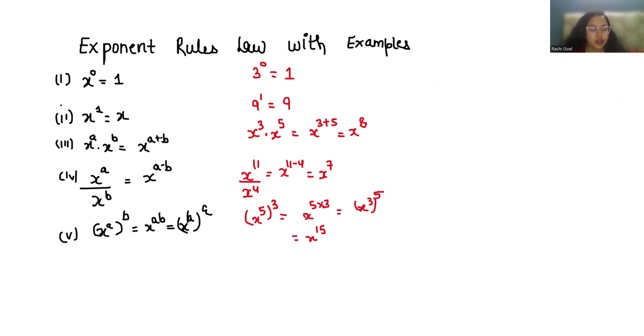Another exponent rule, xy whole power a is equal to x power a times y power a. So that is, if there is xy whole power 4, we can write it as x power 4 times y power 4.